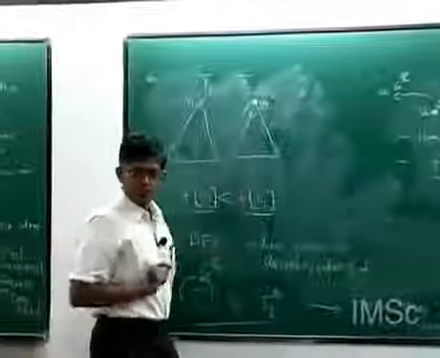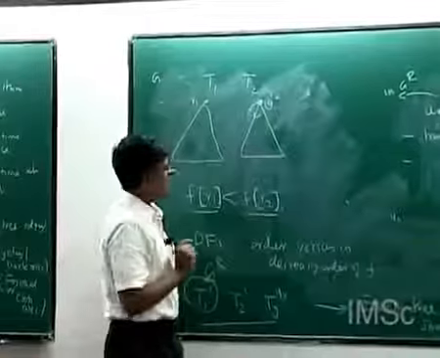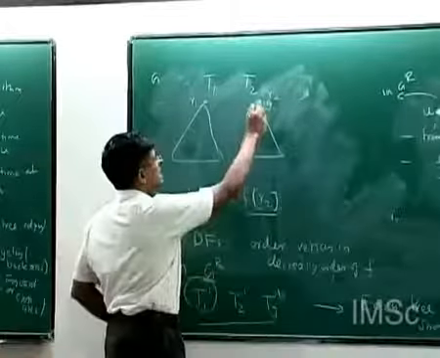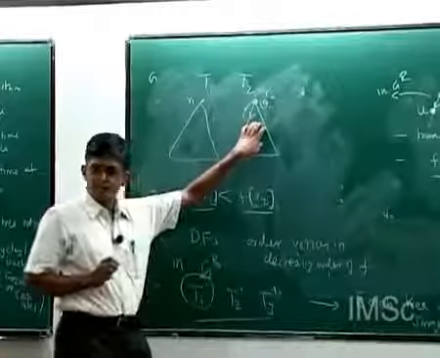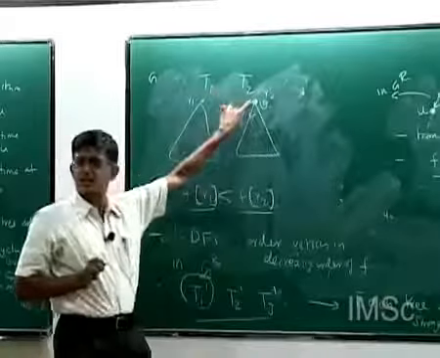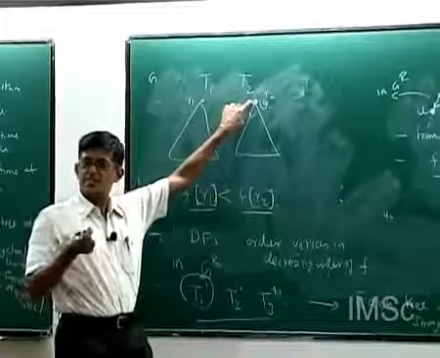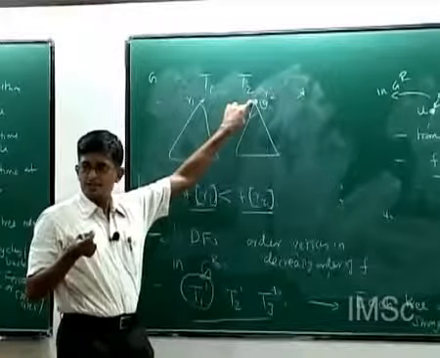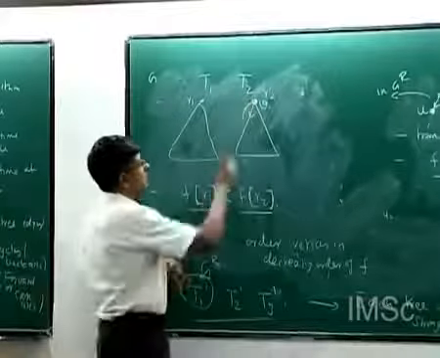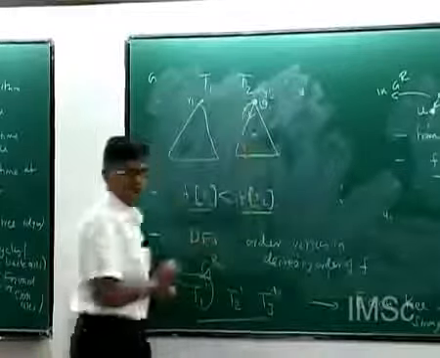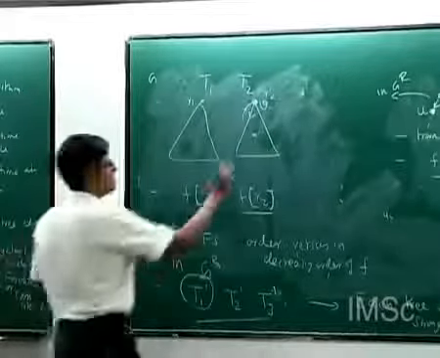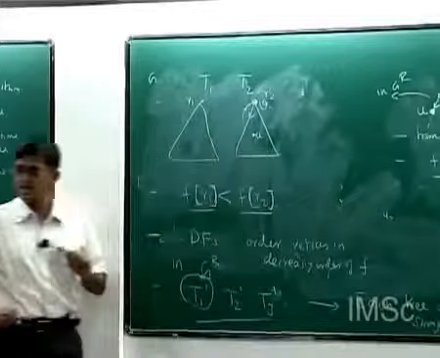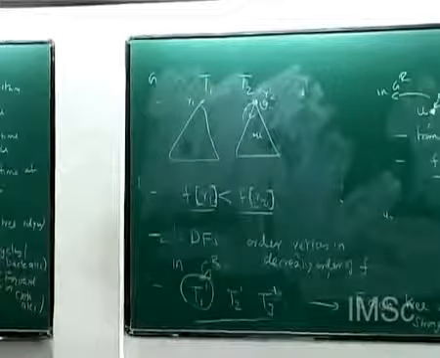If f of u is smaller than f of v, what are all the possibilities? Inside this particular tree, it's clear that this vertex would have had the largest finishing time value. Now, it's indeed quite possible that this vertex u could have been here, in which case you are done.